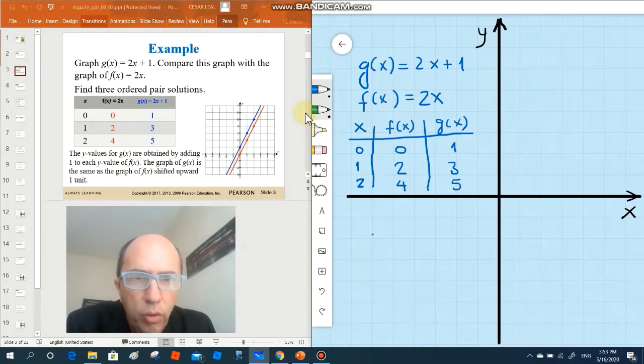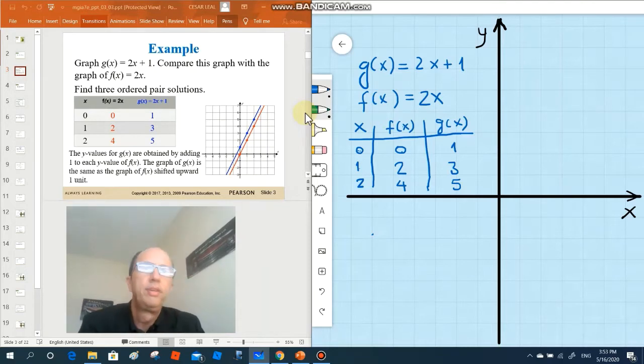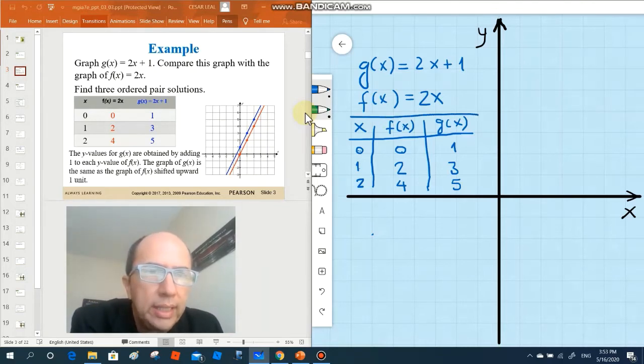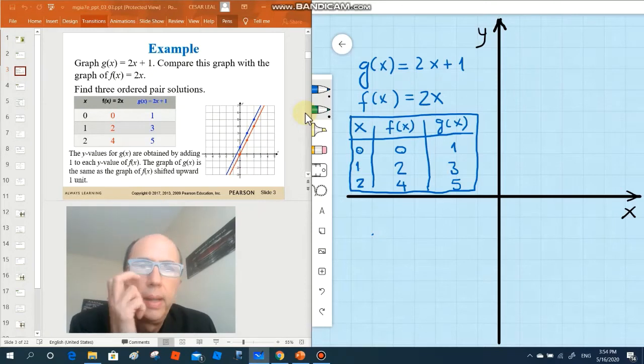Now we have ordered pairs (0, 0) and (0, 1), (1, 2) and (1, 3), (2, 4) and (2, 5). And we will graph this on our coordinate system, the x and y axis.